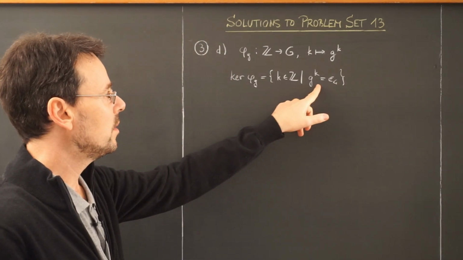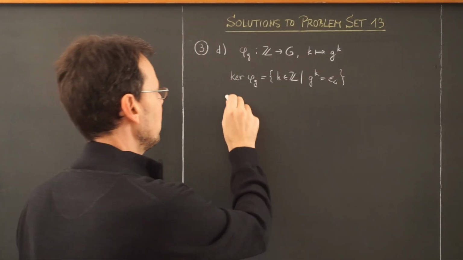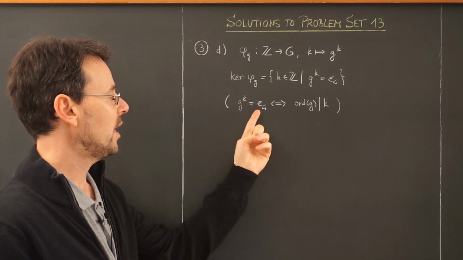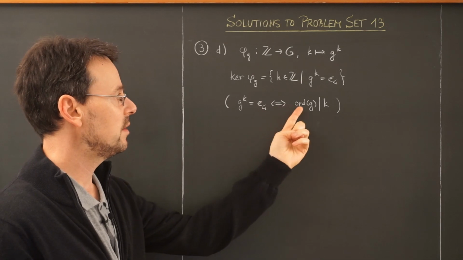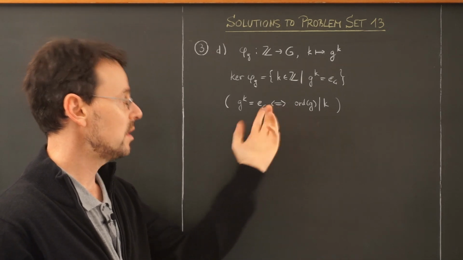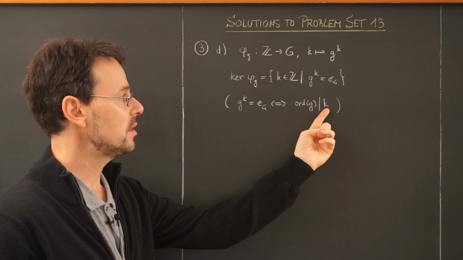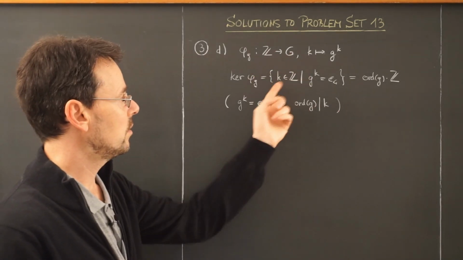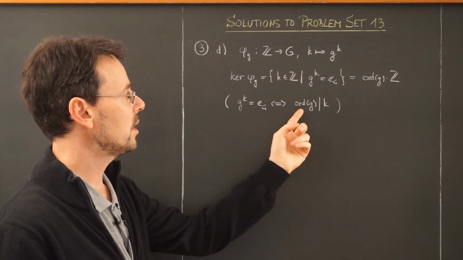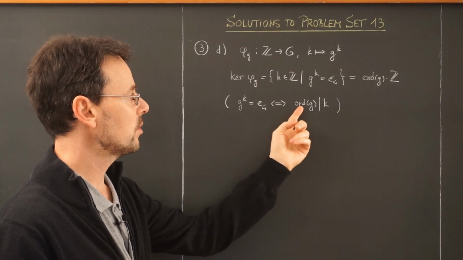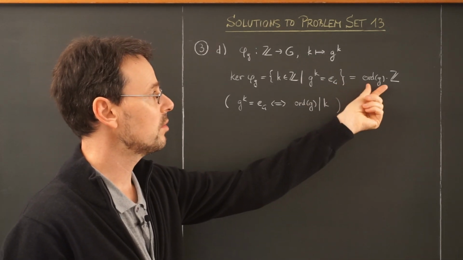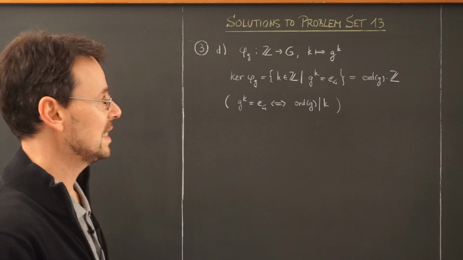But now this means, remember, we proved that some weeks back, if g to the k is the identity, then if and only if the order of g is a divisor of k. So these here are all the integer multiples of the order of g. So I could write this like that. We take the order of g times Z.